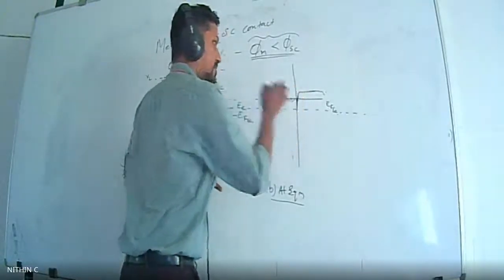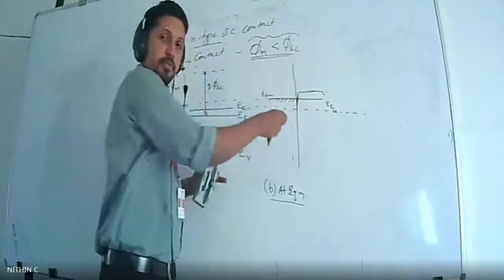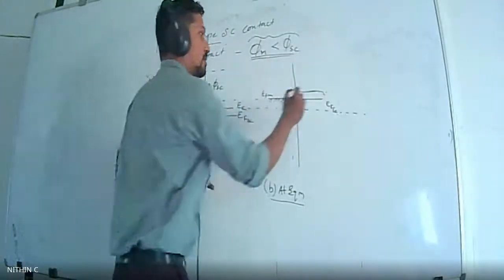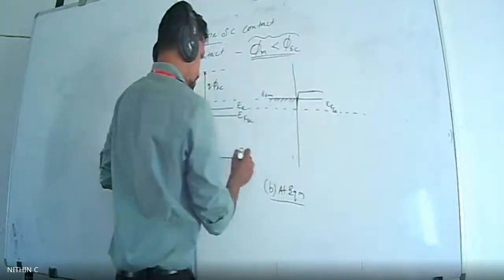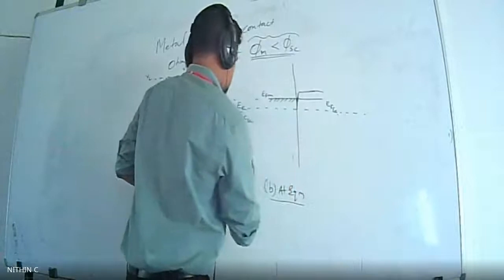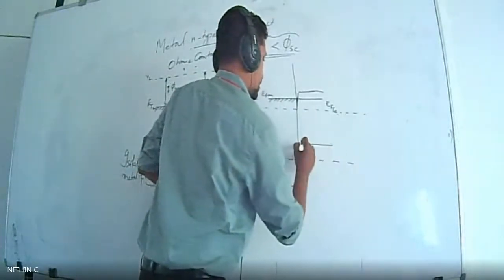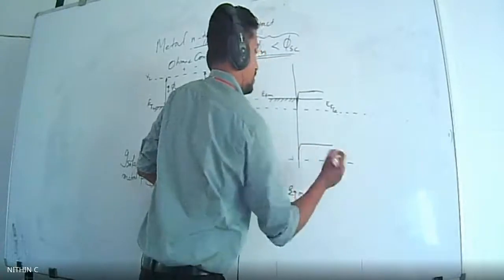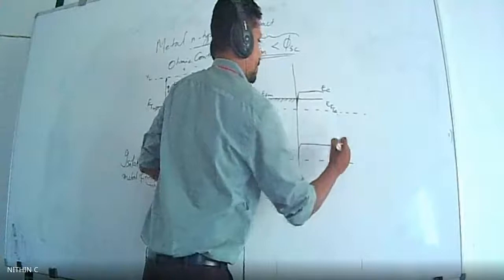It's not actually a depletion layer. There is only accumulation at the junction. You will draw that in this manner, and similar is the case of EV. EC, EV.